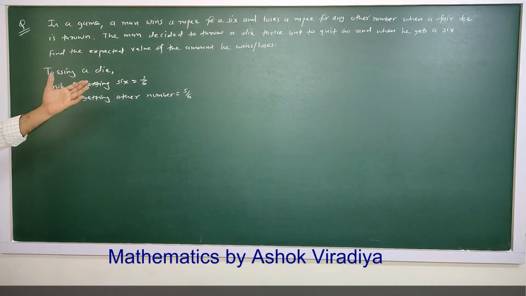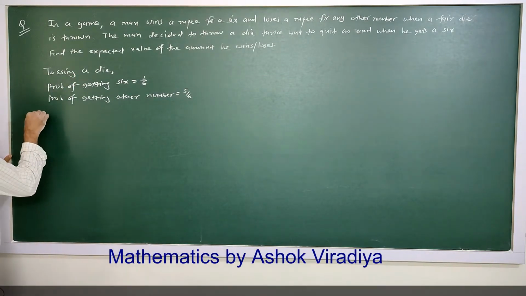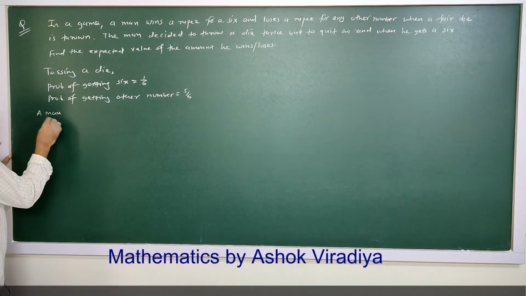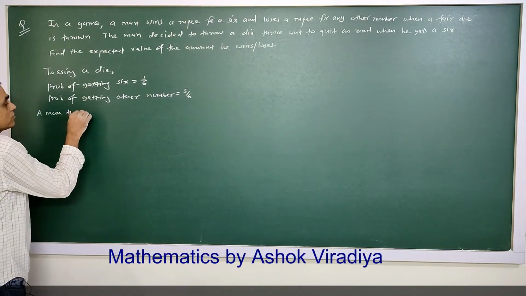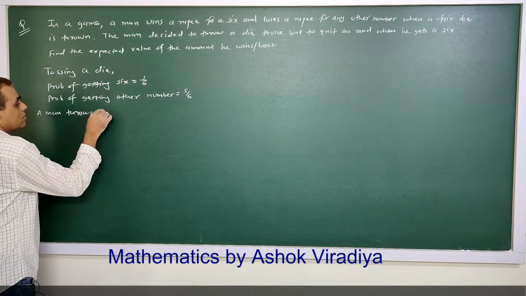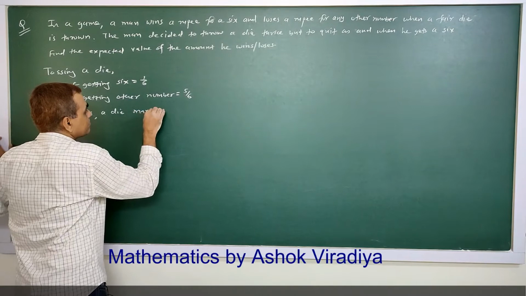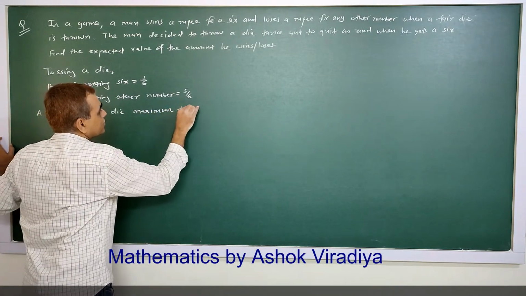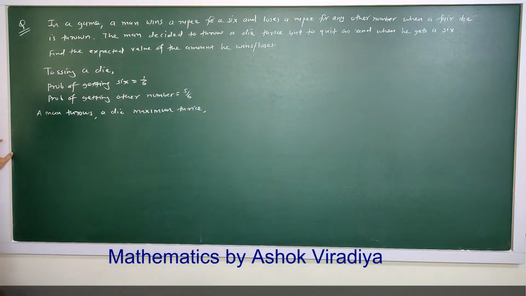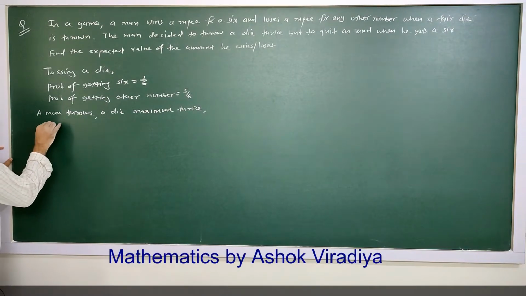Maximum man is throwing 3 times. So a man throws a die maximum thrice until he gets 6.